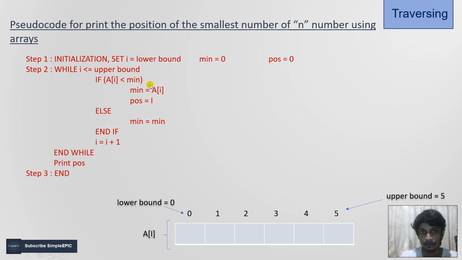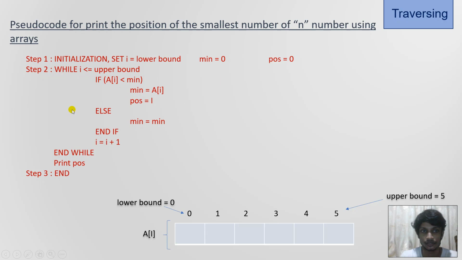If it finds some value greater than our default minimum value, the minimum value should not be changed, because we are only going to find the smallest value and its position. There is no need to consider the larger values. So in the else case, the minimum will remain the same. The same thing will happen again and again, and it will find the minimum value and the corresponding position.